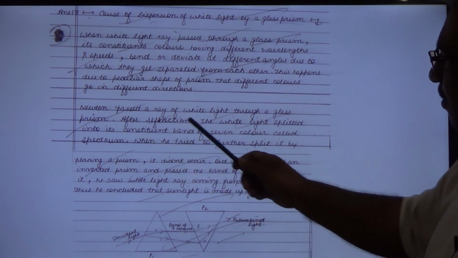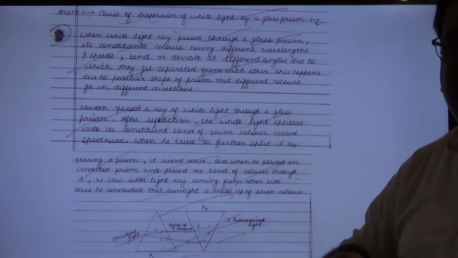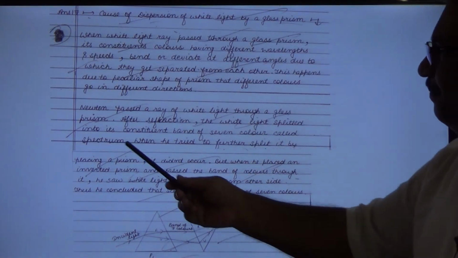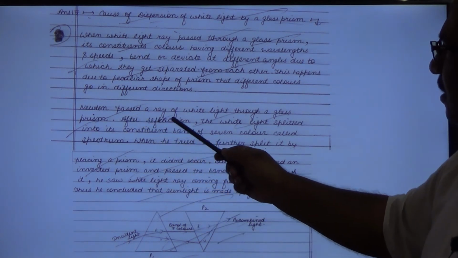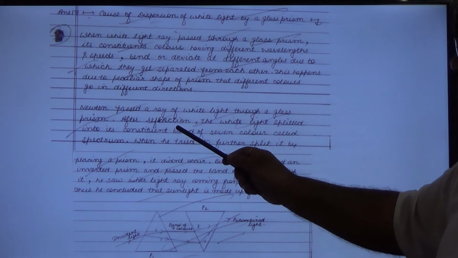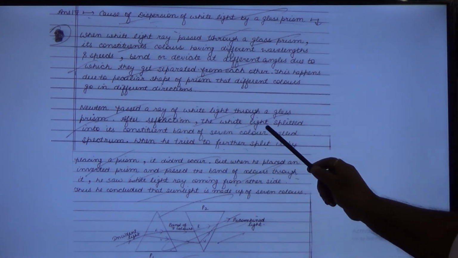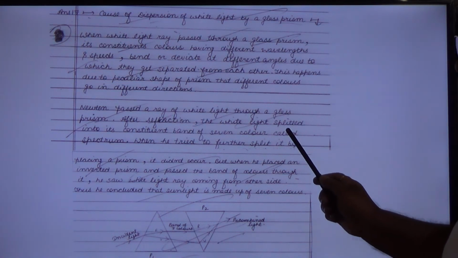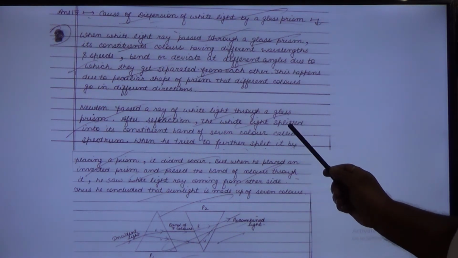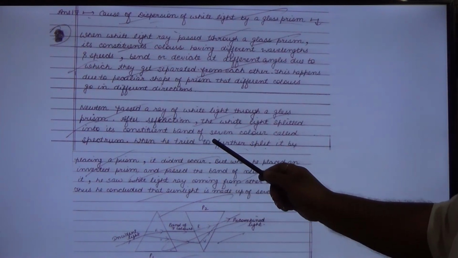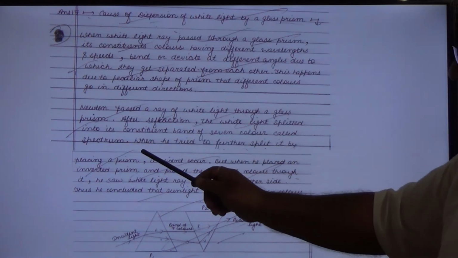So let us see how he has written the experimental explanation and observation. Newton passed a ray of white light through a glass prism. After refraction, the white light split into its constituent band of 7 colors called spectrum.